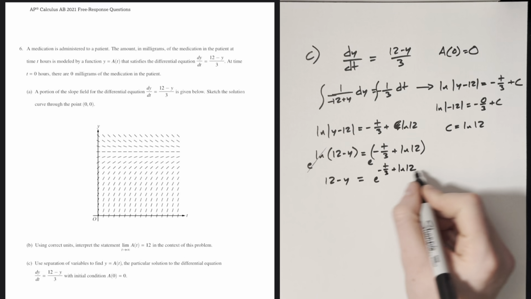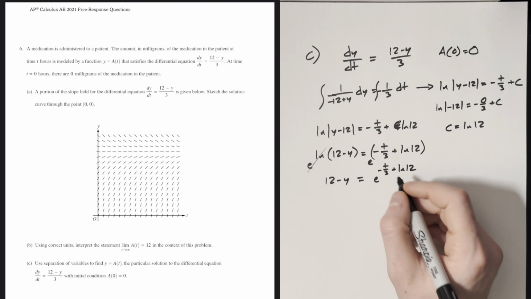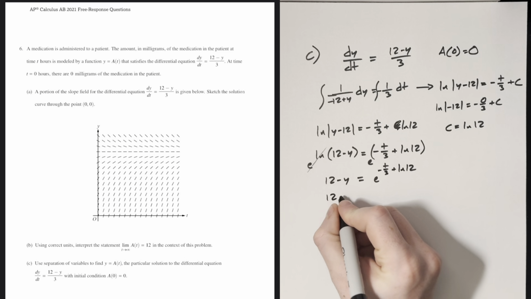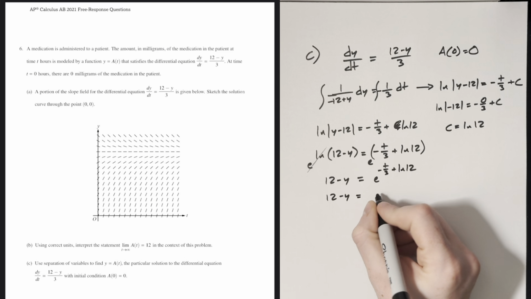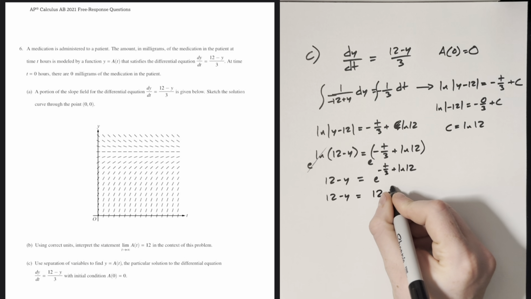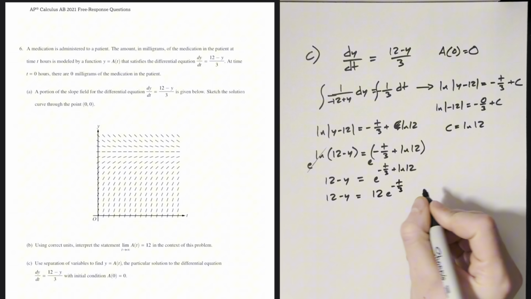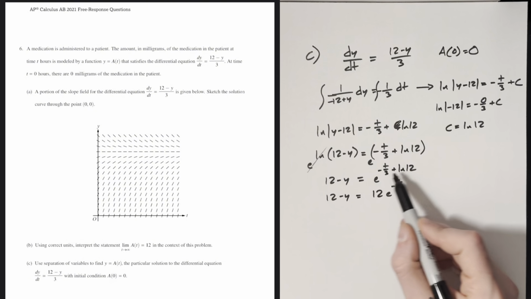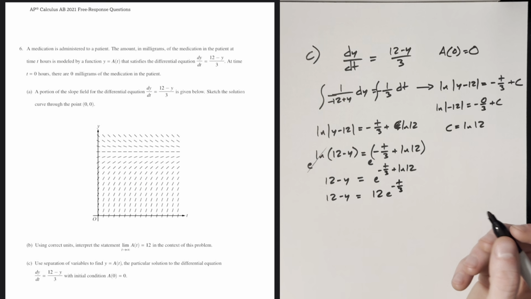Say this is e to the ln of 12 times e to the negative t over 3. So we could also write this 12 minus y equals 12 times e to the negative t over 3, because e to the ln of 12, the e and the ln will cancel out.